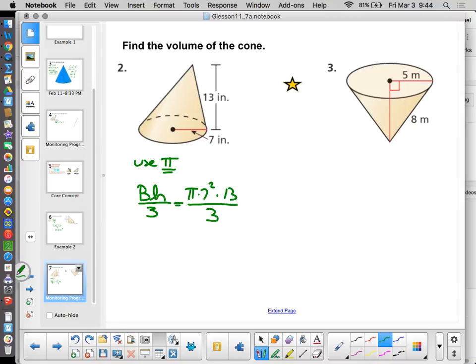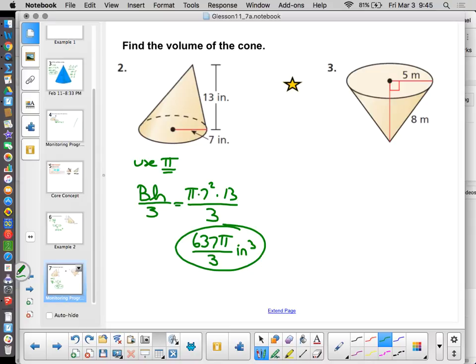Well, 7 squared is 49. 49 times 13 is 637. So 637 pi over 3 inches cubed. And 637 over 3 does not reduce, so I will not try to reduce it.